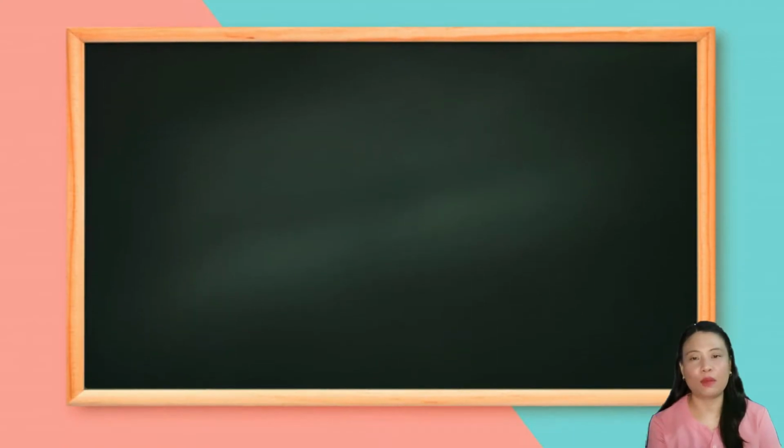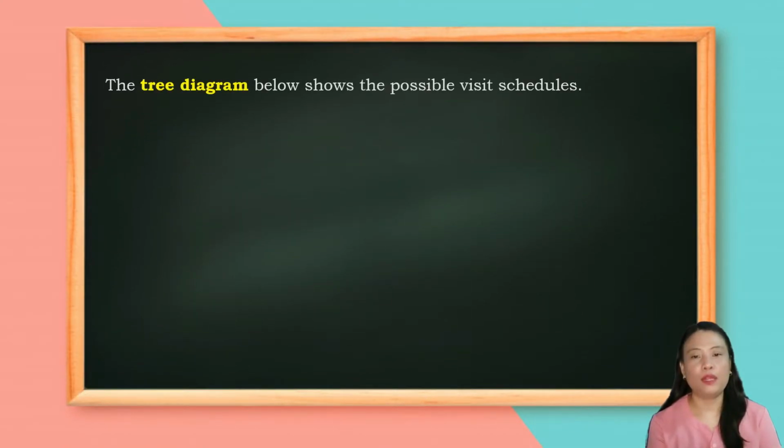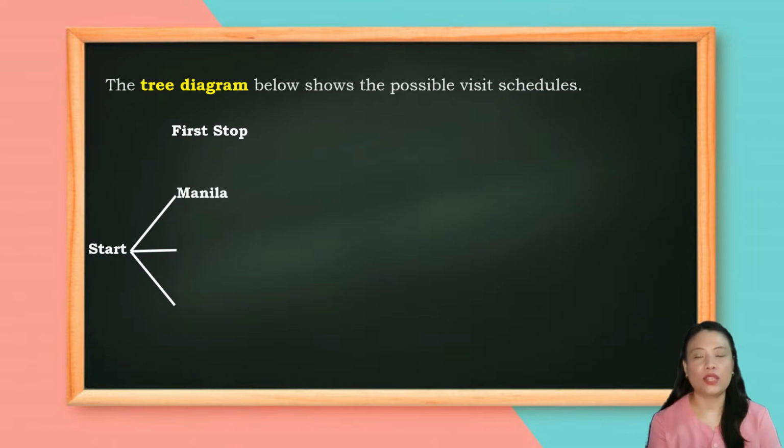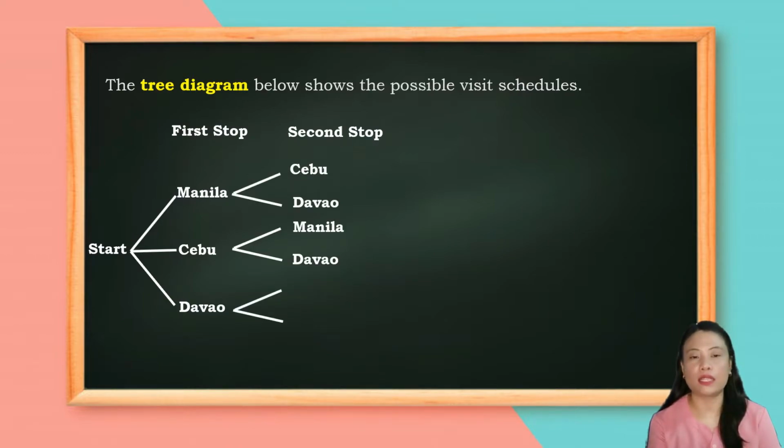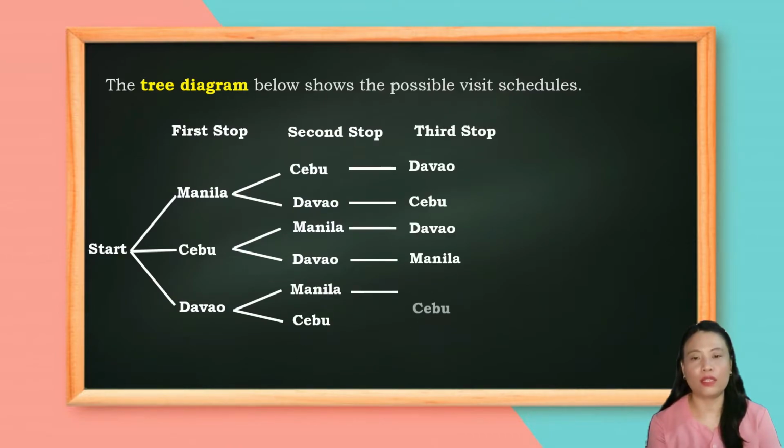Let's solve the first problem. The tree diagram below shows the possible visit schedules. Let us take a look at the possible visit schedules. From the start, there are 3 choices for his first stop: Manila, Cebu, and Davao. If one is chosen in the first stop, then there are 2 cities remaining for the second stop, and finally, 1 city left for the third stop.